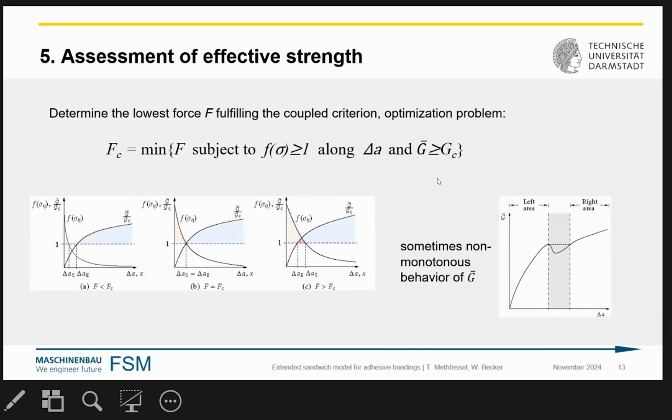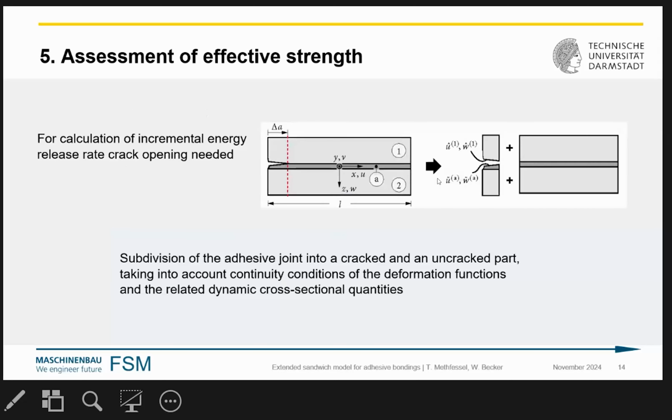So this can also be implemented. It's not very difficult. What you need, of course, is access to the energy release rate. And for that, we have to extend our approach a bit. We have to split up the whole situation in a cracked portion, where we have already a crack, and a portion which is still uncracked. The approach that I showed to you for the uncracked portion is known, and this has to be extended a bit for the cracked portion.